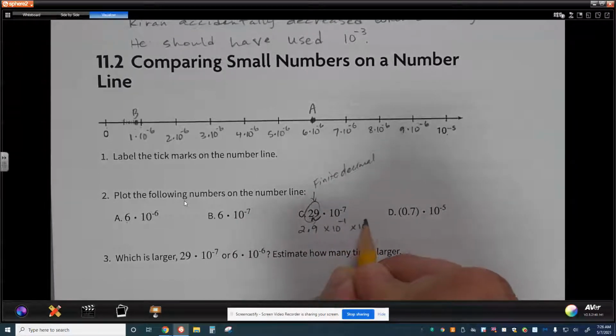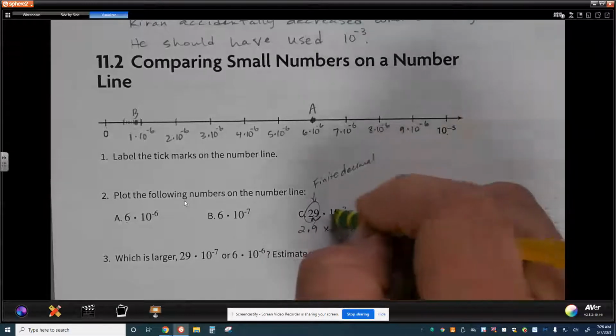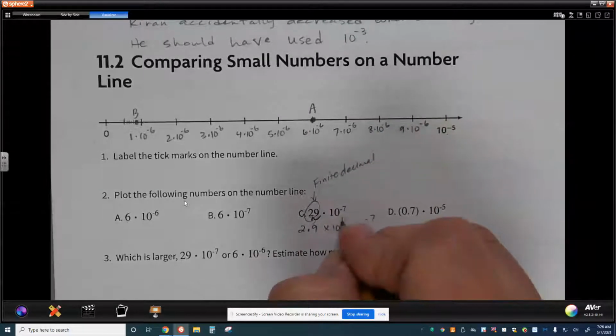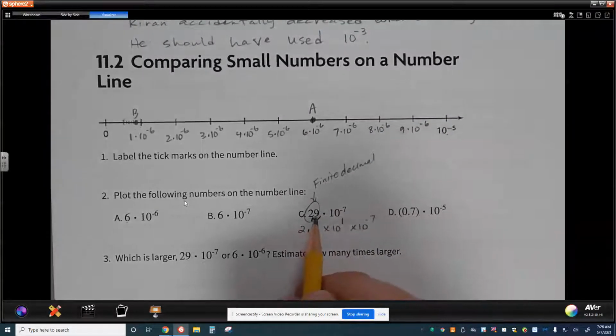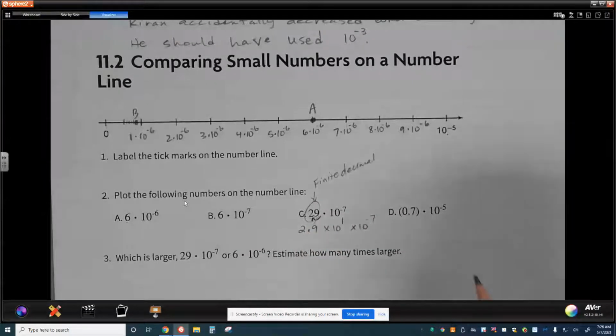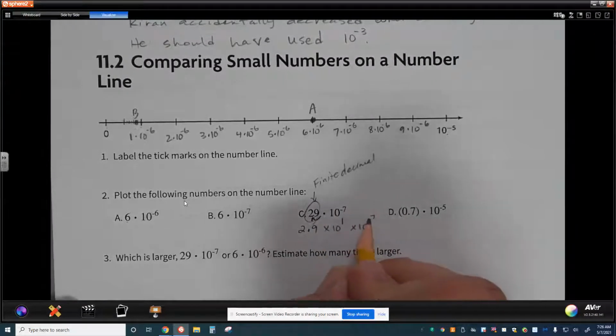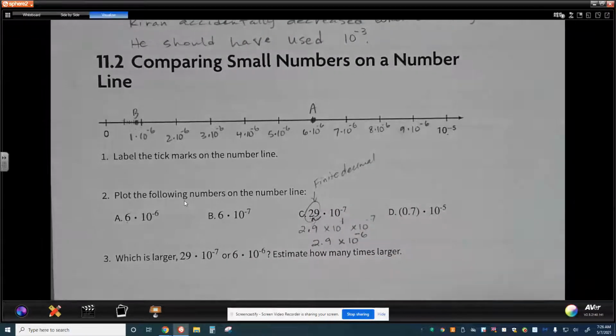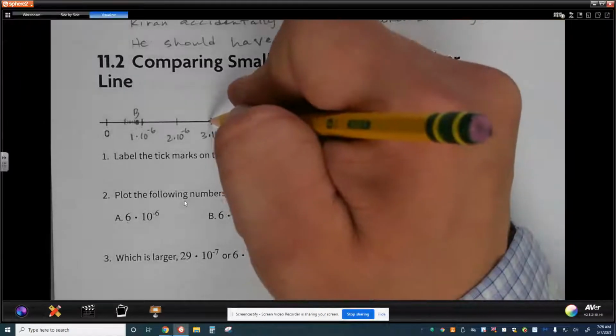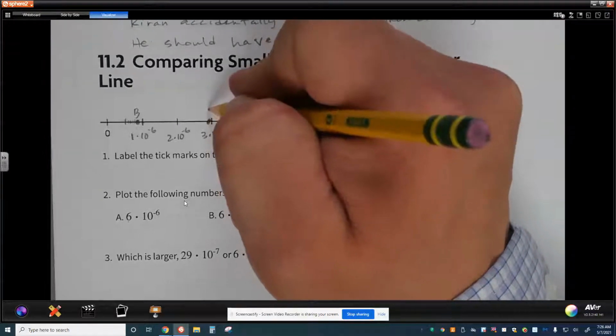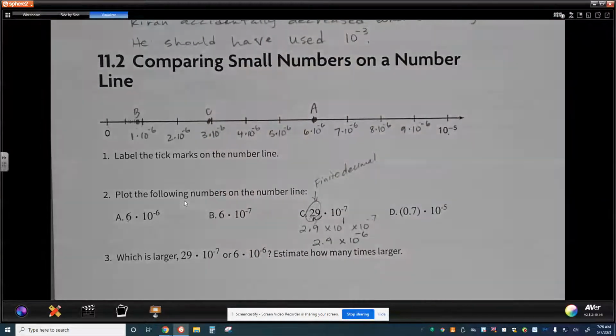And then we'll be multiplying by 10 to the negative seventh power. Excuse me, not negative first power, first power. So as I remove a place value here, I create a power of 10. And then I simply use product of powers to combine to make this 2 9/10 times 10 to the negative sixth power. This helps me to determine that point C will be right there on the number line.